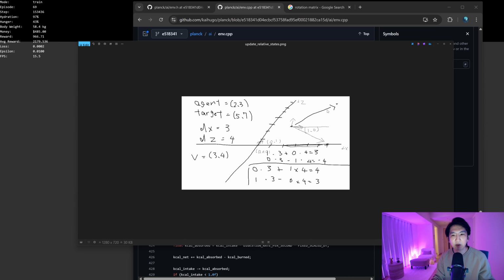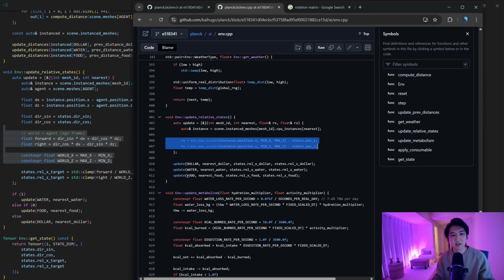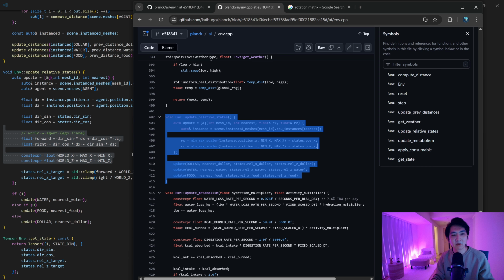So this is the target vector, where the agent is at 2, 3 and the target at 5, 7, and 3, 4 is the target vector or relative distance. And so why did I have to improve or add extra code?